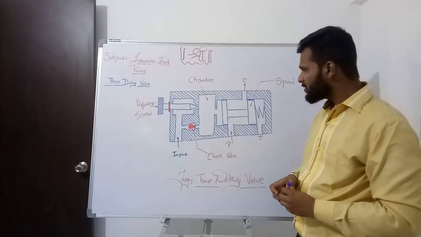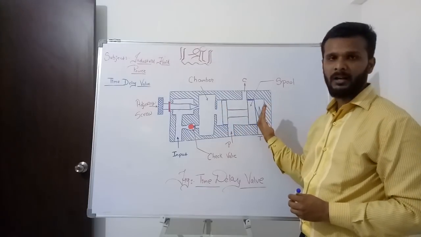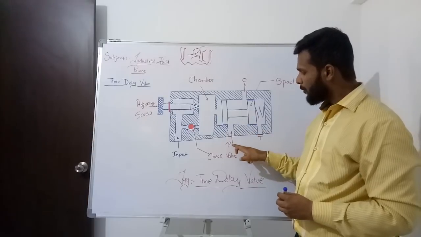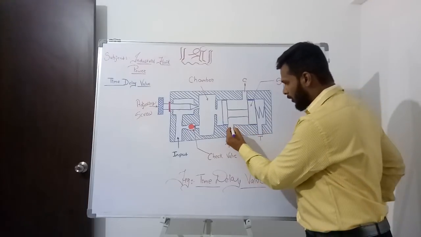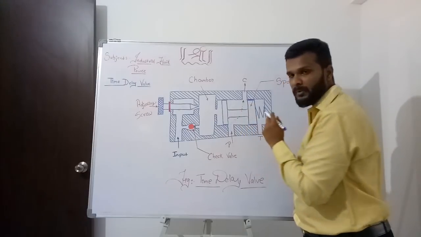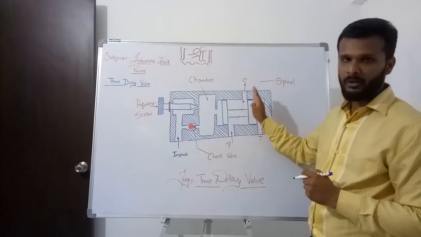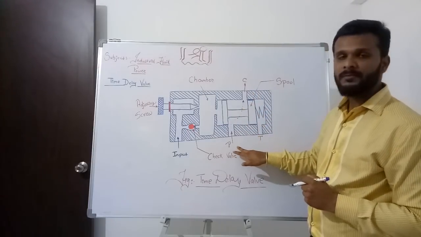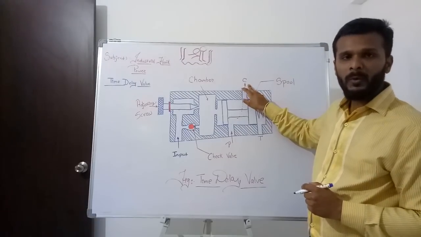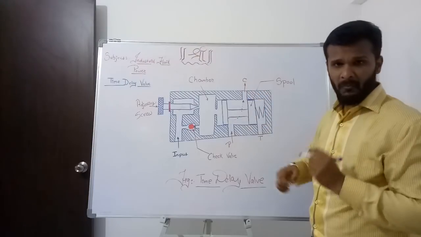Due to which this spool, हा जो स्पूल आहे हा मागे सरकला जातो, आणि हा मागे सरकला गेल्यामुळे काय होतं, पॉइंट पी पासून, हा एक डॉटेड लाईन दाखवतो मी तुम्हाला, पॉइंट पी पासून पॉइंट सी पर्यंत पासेज हा मोकळा होतो. That means the oil is free to flow from point P to point C, due to which there is a connection from point P to point C. This is position number 1.